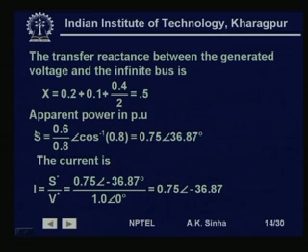So, S is equal to 0.6 by 0.8, where 0.6 is the power per unit and 0.8 is the power factor, with angle cos inverse 0.8. So, the apparent power in per unit can be written as 0.75 with an angle of 36.87.